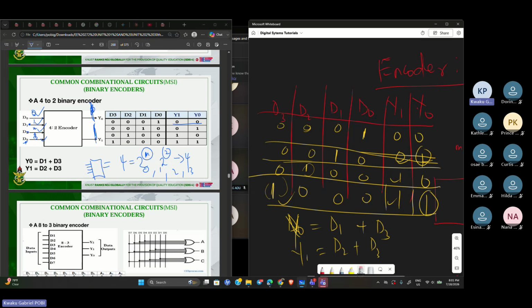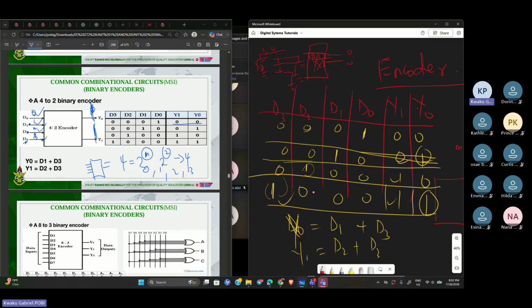So basically, if you want a 0, 0, there are 4 inputs, 0, 1, 2, 3. Only this one is connected to VDD. The rest are all grounded. So if you pass it through the 4x2 encoder, you get 0, 0 coming out of your circuit, because that's the only high.